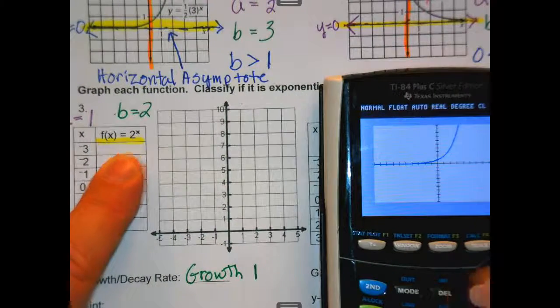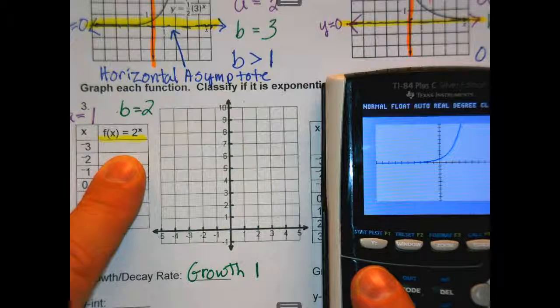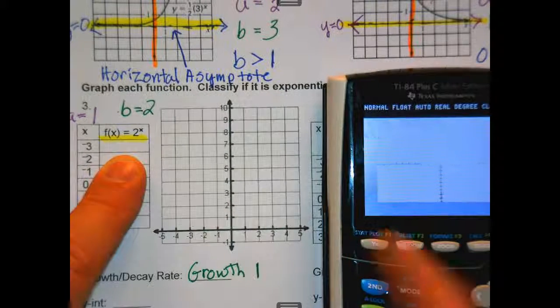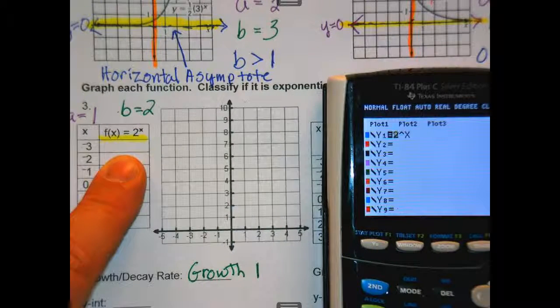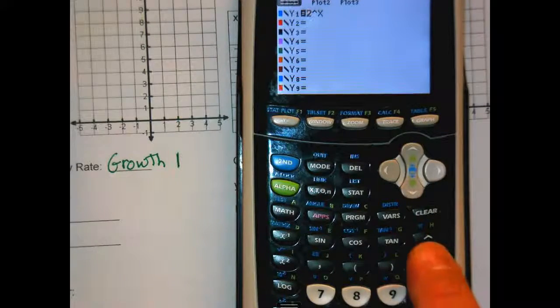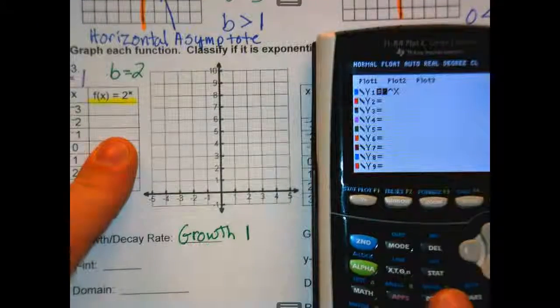Okay, let's go to our chart. To get it, type in 2, caret key, see the caret key? Caret key, x. Okay, go to your chart.